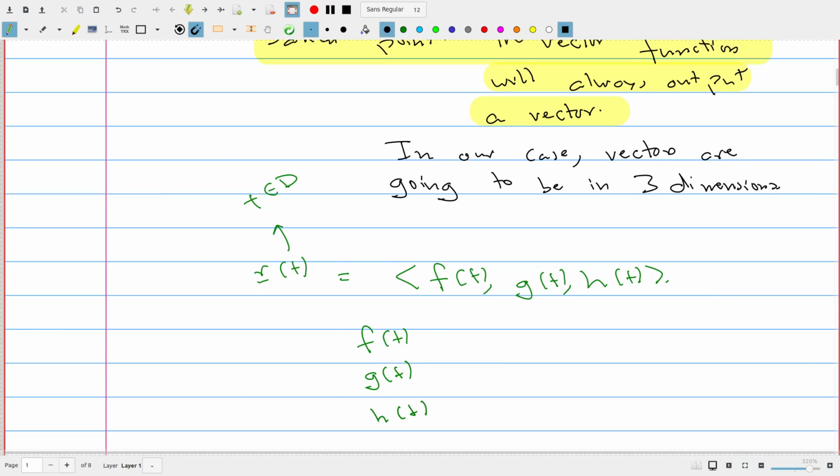These are what are known as the component functions.